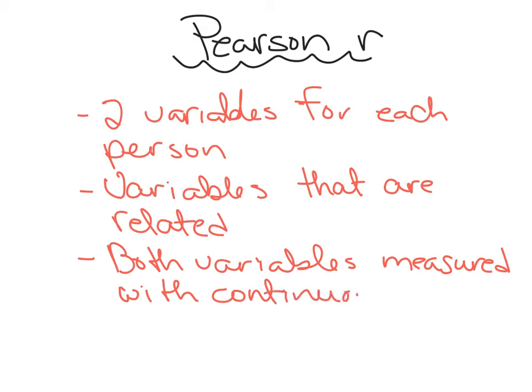So we don't always say we're looking specifically for a relationship, but if we have the same person and they're not conditions, like a pre and post, or while doing something and while not doing something, with the dependent variable, both of these things being measured with the exact same thing, versus if the variables are two different things, maybe looking at two characteristics or traits about that person that are being measured at the same time, it means that they're being looked at as a relationship. So that's a key aspect.